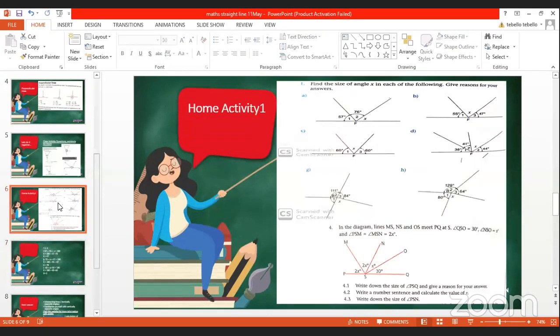Okay, let's do number D, and the rest will be for your homework, and then we'll jump on to our class activity. For number D, we have 4 angles. The first angle represents 38 degrees, the second angle 41 degrees, the third angle is our unknown x value, and the fourth angle is 44 degrees.